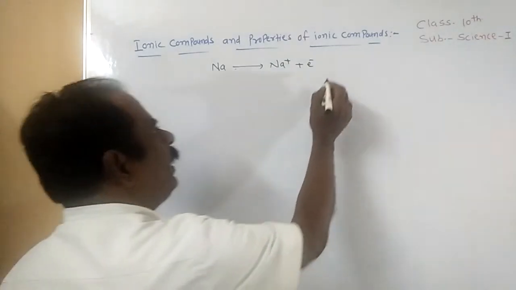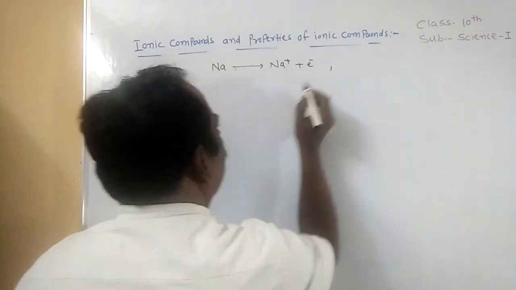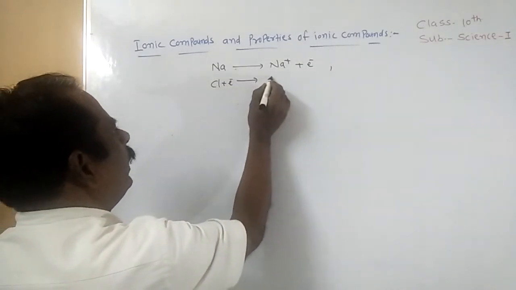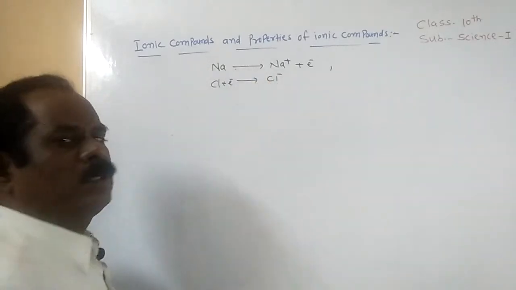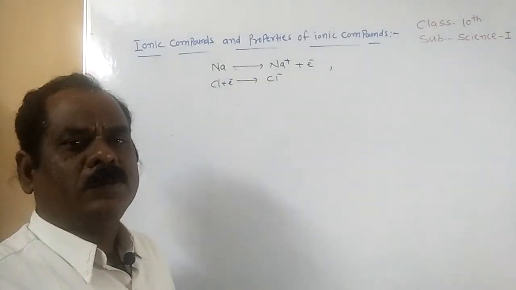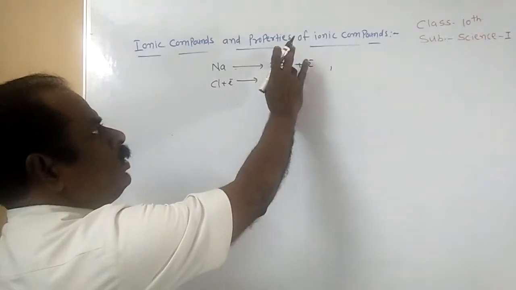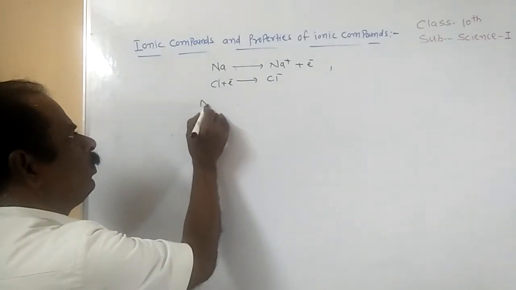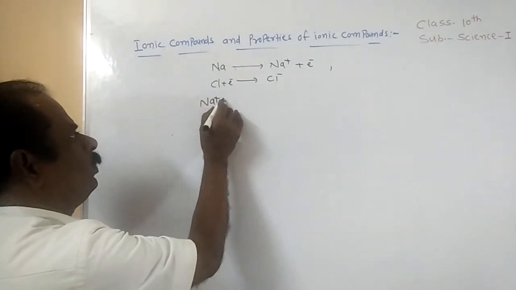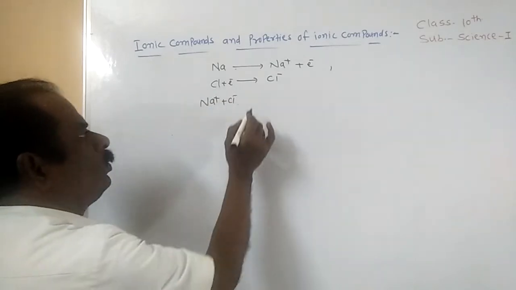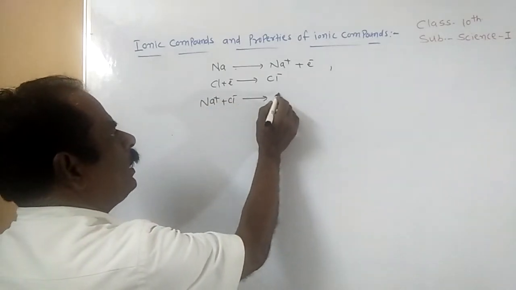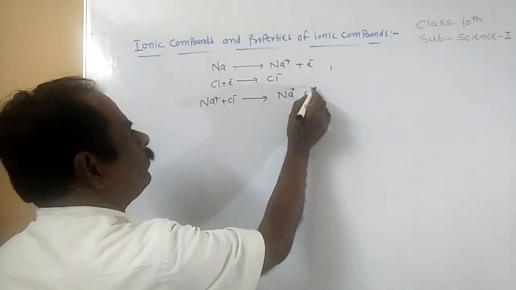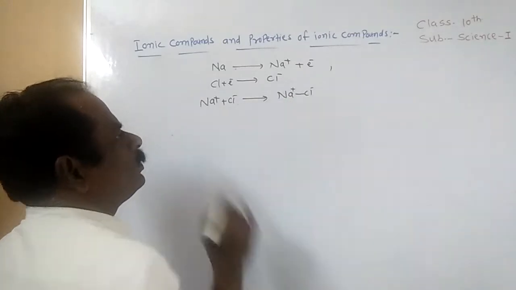Similarly, a non-metallic atom, for example a chlorine atom, gains an electron in the reaction and produces negatively charged ions called anions. When these positively charged and negatively charged ions, for example Na+ and Cl-, come close to each other, an attraction forms between these cations and anions.